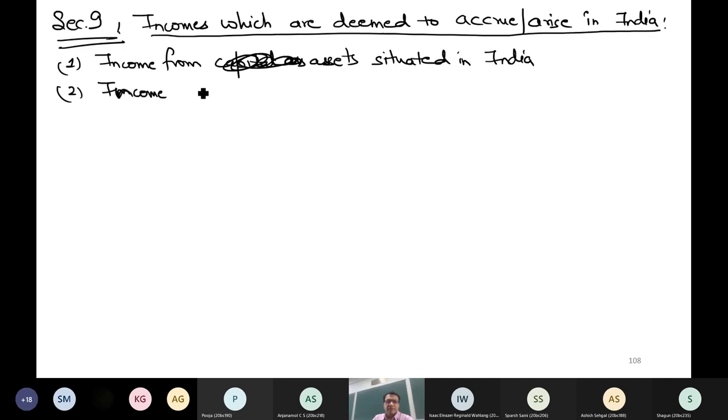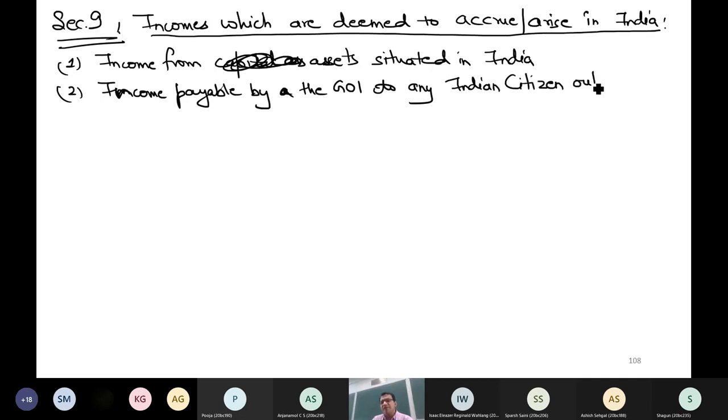Second, income payable by the Government of India to any Indian citizen outside India.